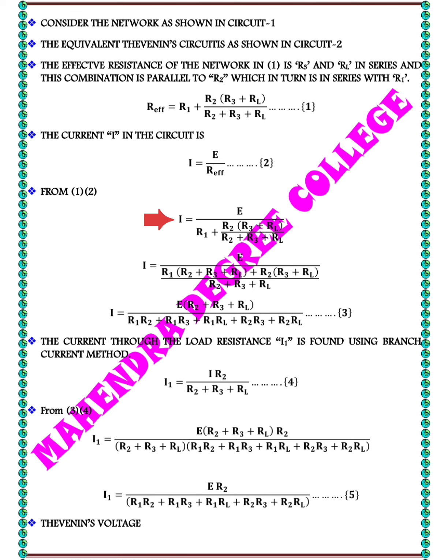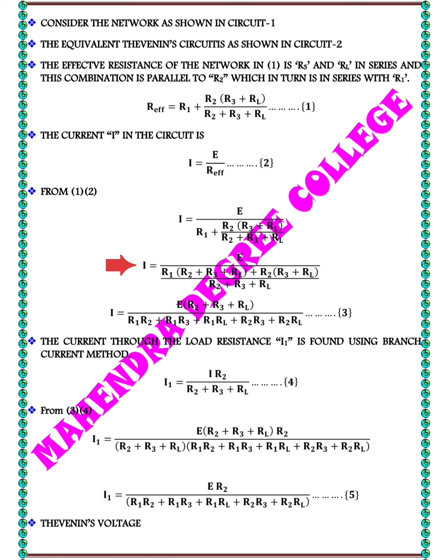And next the denominator R2 plus R3 plus RL and R2 plus R3 plus RL are cancelled. So, the remaining term is the numerator R2 into R3 plus RL.